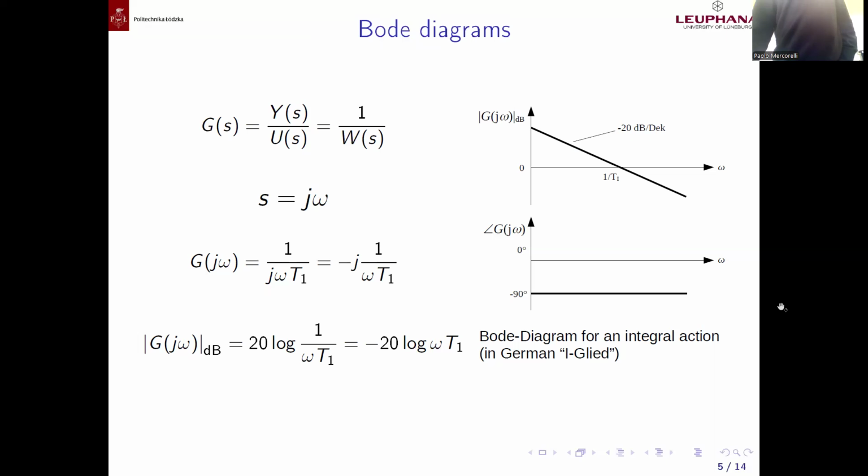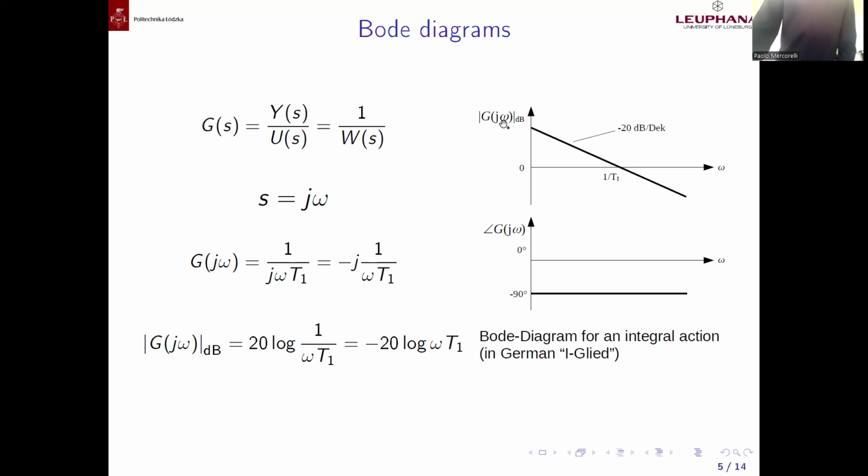Probably you remember, I will recall you, before explaining, in any case, for omega equal 1 divided t1, we have the magnitude 0 because we have a logarithm of 1. We agree that at least in this point, we are able to understand why the magnitude in dB is 0.